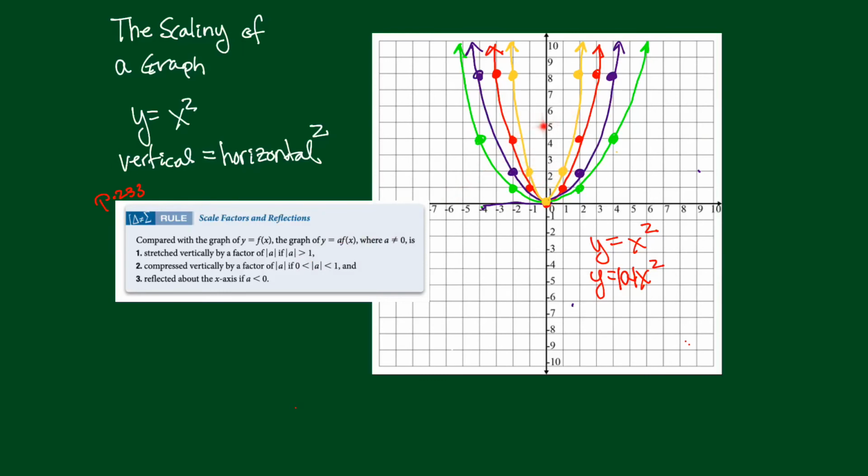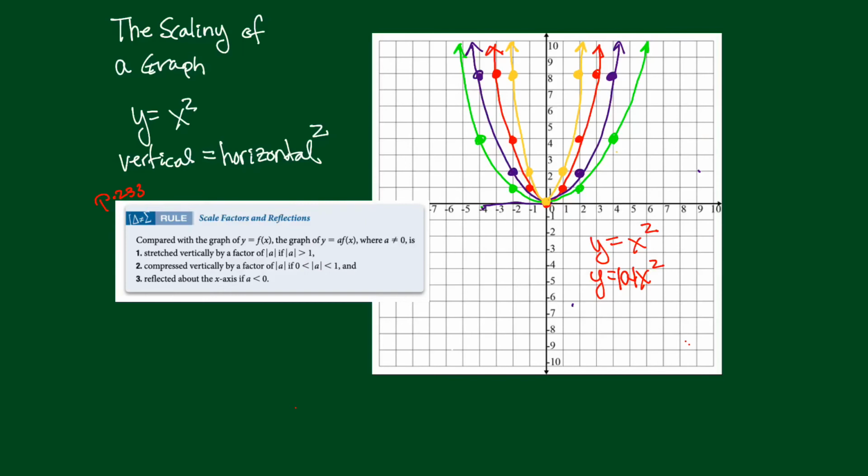You take the basic curve and just pull it and stretch it upward like this. So if your multiplier is positive and bigger than 1, then you get a stretching upward.